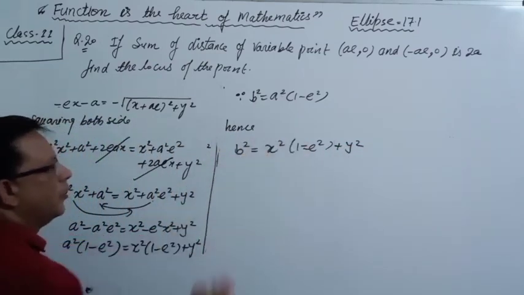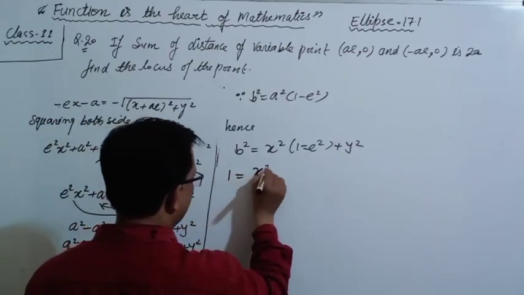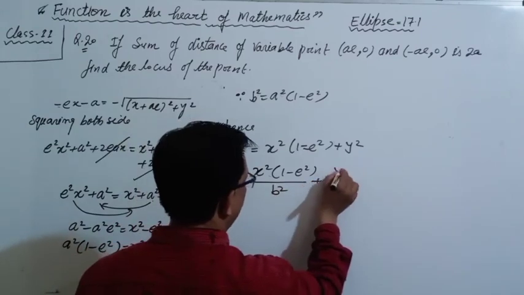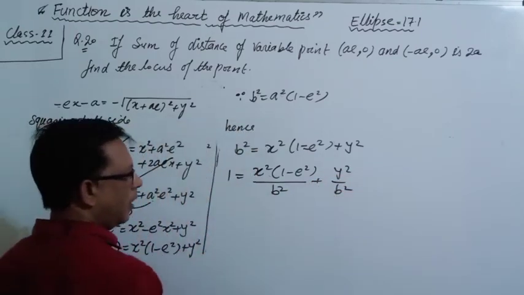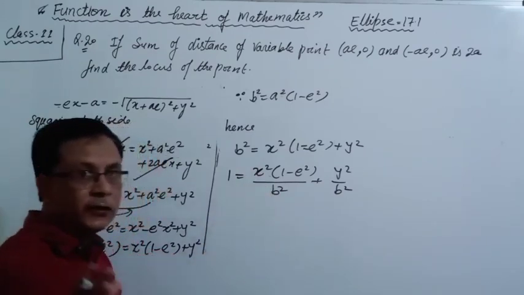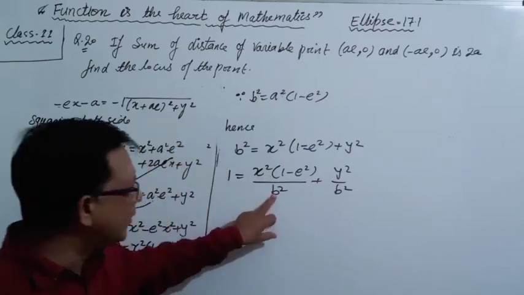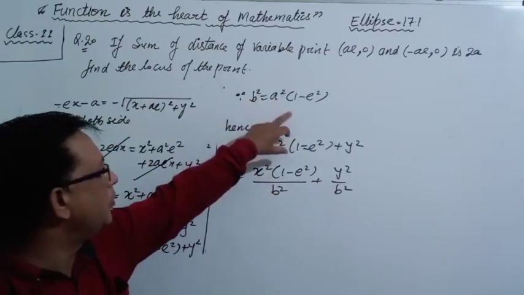We divide the whole equation by b square. So here we get 1 is equal to x square (1 minus e square) upon b square plus y square upon b square. Again we know that the standard equation of the ellipse has x square upon a square, so here we need a square. Again we apply the formula for the value of b square.